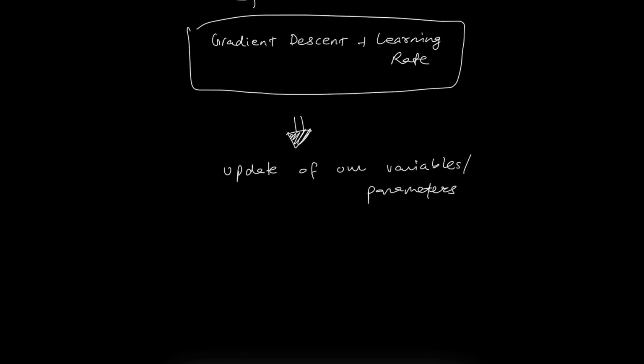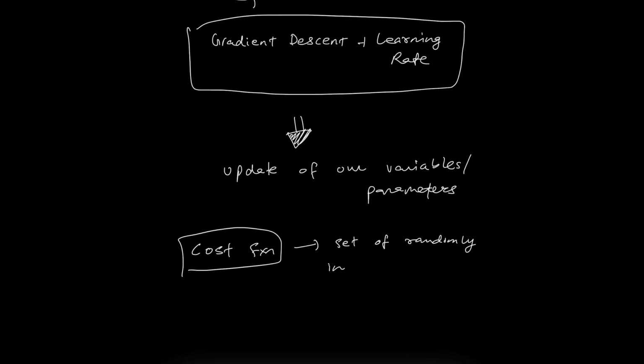So let's say on a high level overview, I'm going to summarize this, is we have our cost function, right? Initially we have a set of randomly initialized weights, and by weights what I mean is for our slope m and c bias for a linear regression function, but in general we'll call it weights.